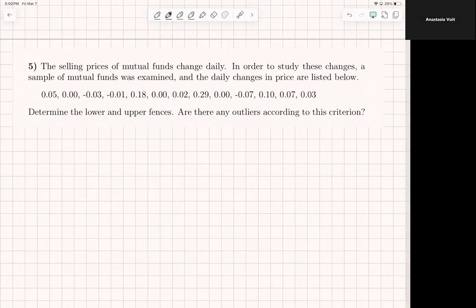First thing we need to do is put all the values in order. If we want to find the five number summary by hand, we will need to put all the values in order. If you want to use a calculator, that also works perfectly.